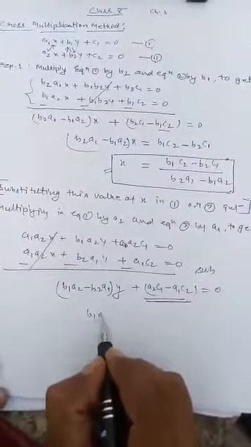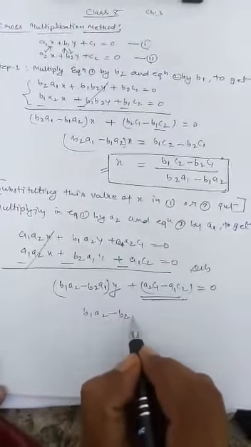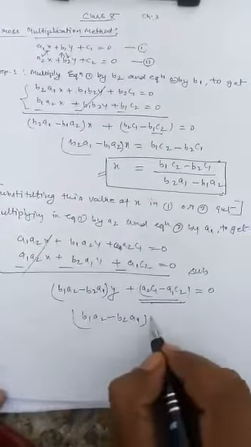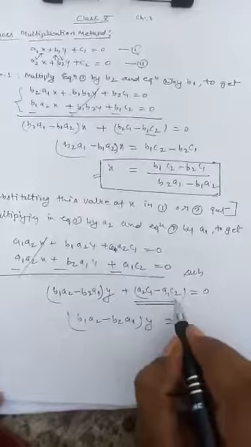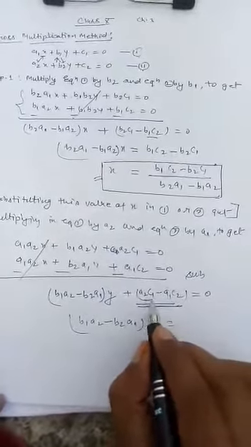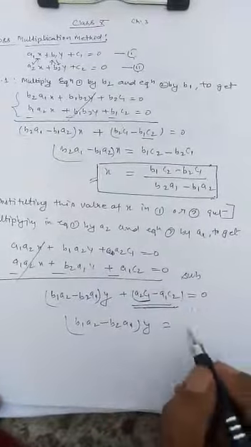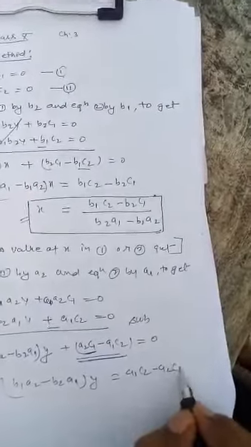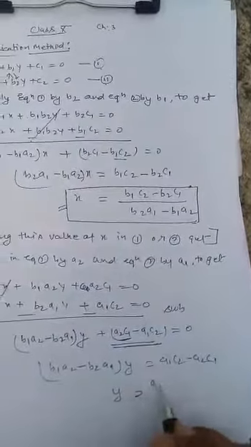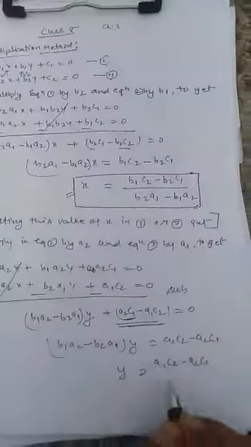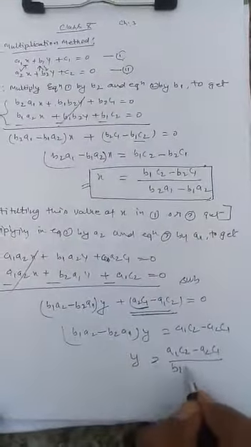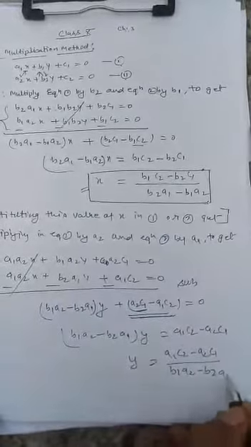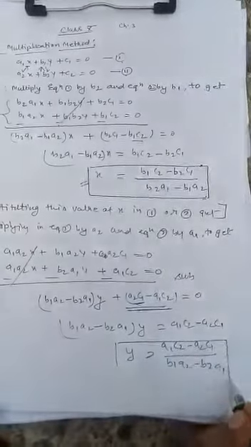So we have b1 a2 minus b2 a1 into y equals, now we write this first and this one second, so the sign will change: a1 c2 minus a2 c1. Now y equals a1 c2 minus a2 c1 upon b1 a2 minus b2 a1. So this becomes the value of y.